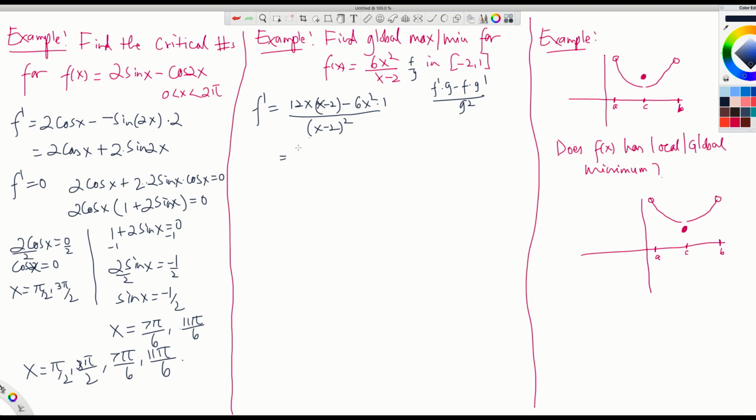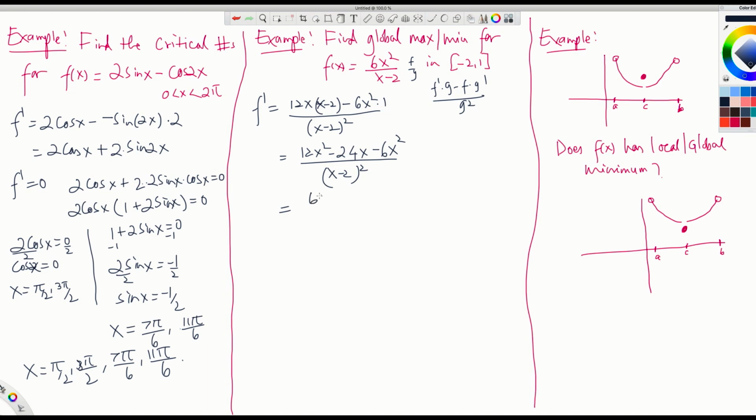So if you simplify, what do you get? 12x times x is 12x square minus 24x minus 6x square divided by x minus 2 square. You see that? So you basically get 12x square minus 6x square, which is 6x square, right?